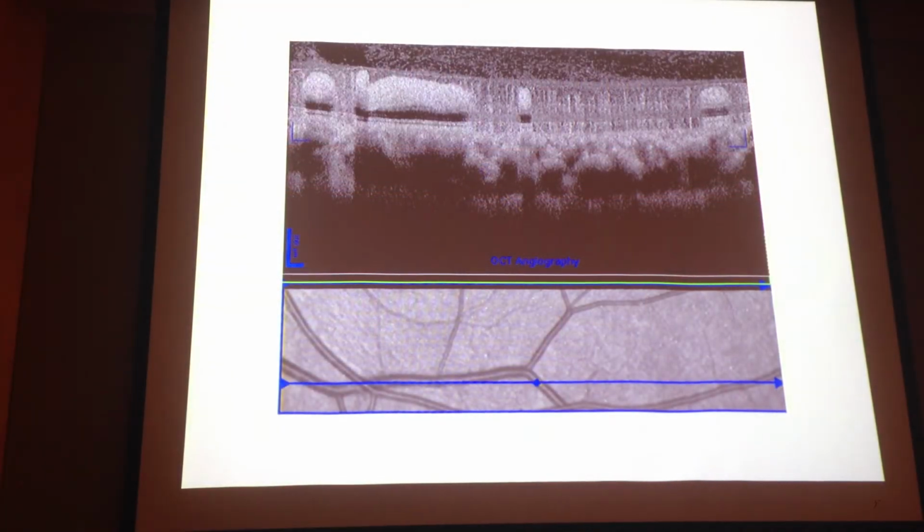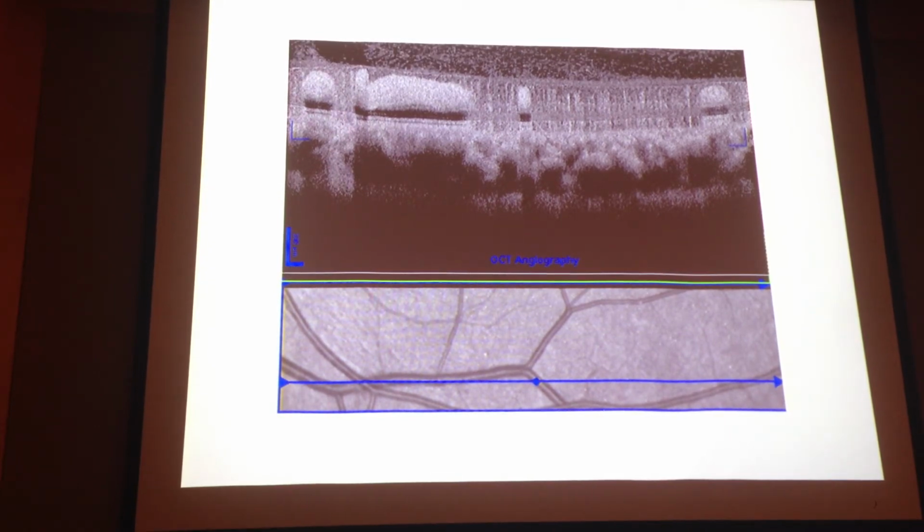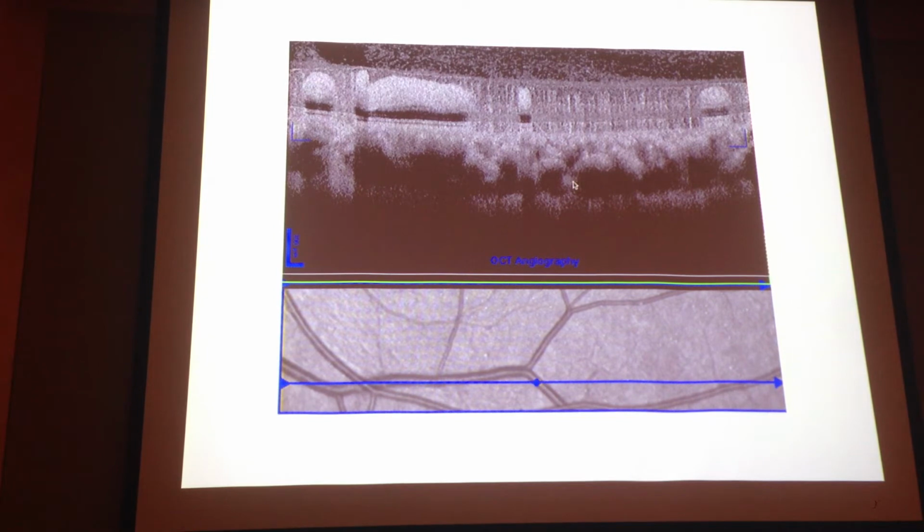The other interesting thing is that you are taking a still frame image of something that moves. It's like seeing in fluorescein angiography or ICG in mid-phase, where your arteries and veins are filled. The problem is that here, in this angio OCT B scan, what is white is the things that are moving.